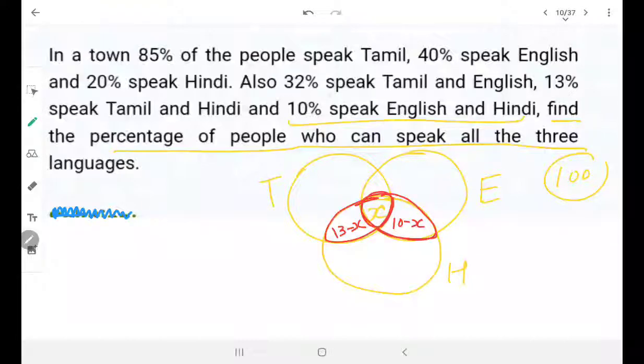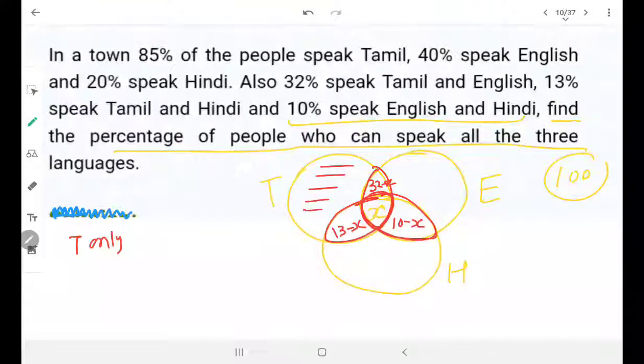And then 32% speak Tamil and English. So 32 is this total, so 32 minus x will be this part. Then 85 speak Tamil. So how much is Tamil only?